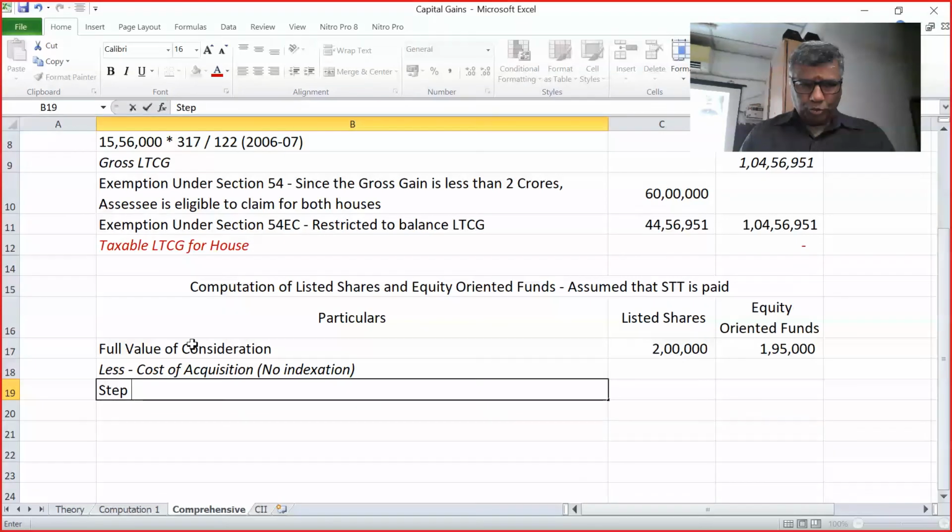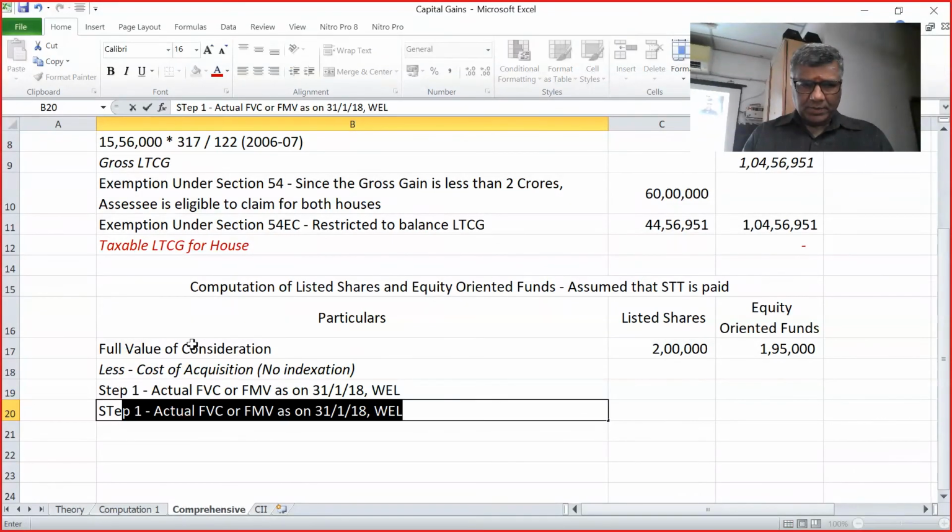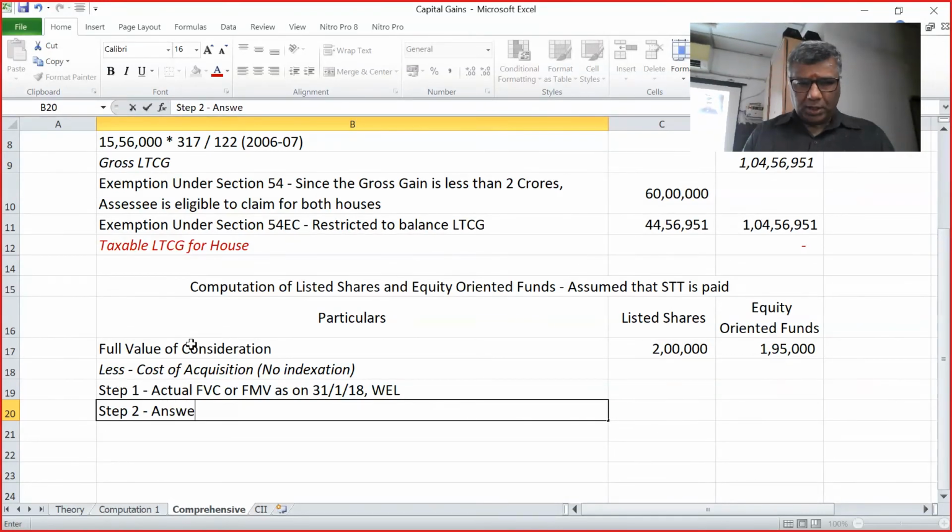We all know, step 1: actual full value of consideration or FMV as on 31/1/18, whichever is less. Step 2: answer of step 1 or actual cost, whichever is higher.